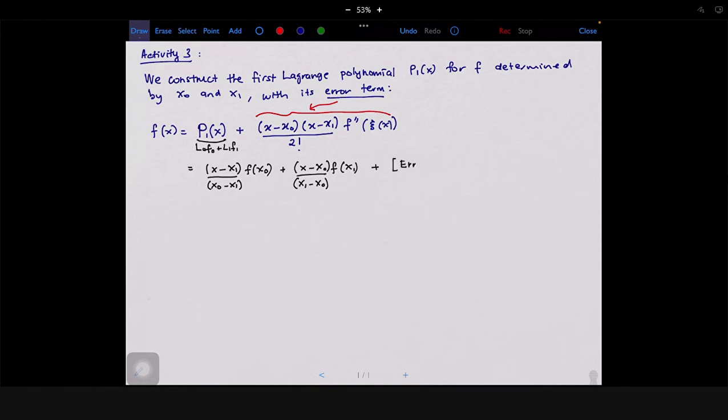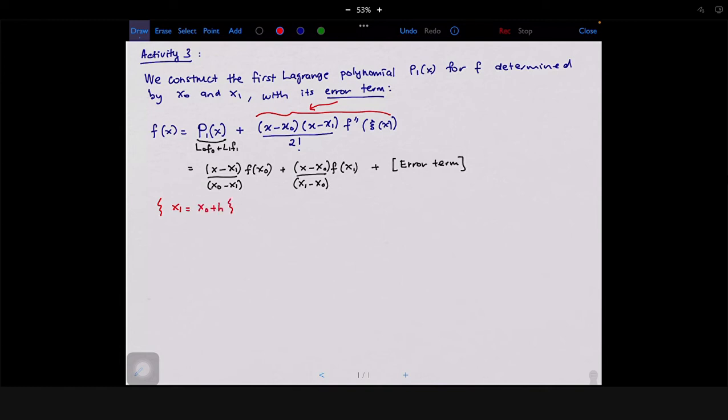I will not write it out, it is long. Alright, let x1 be equal to x0 plus h.